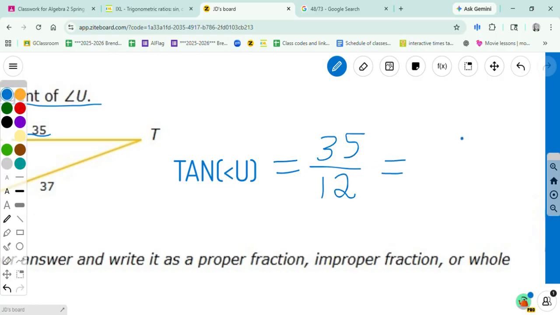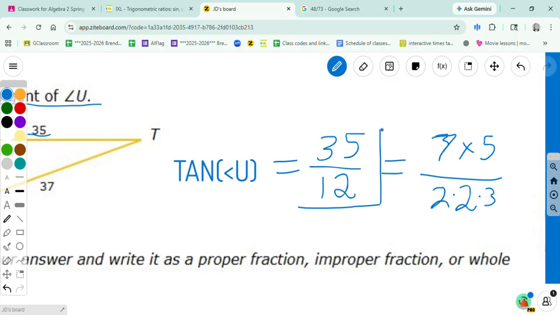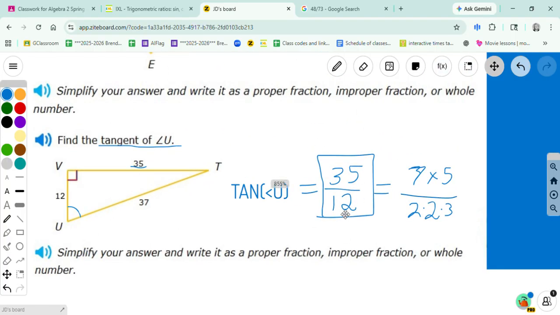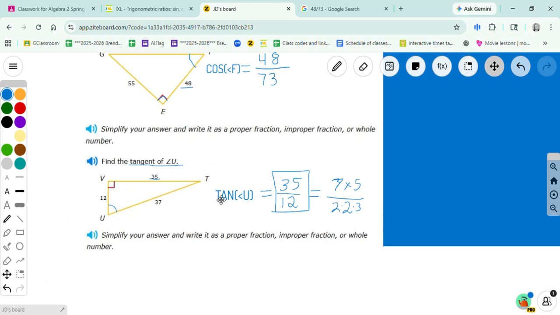And let's see, 35 is 7 times 5, and 12 is 2 times 2 times 3, and so that doesn't reduce. So we actually know that this one is our final answer. It's giving us the ratio of our opposite over our adjacent.